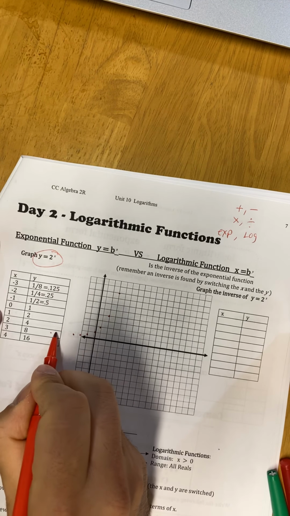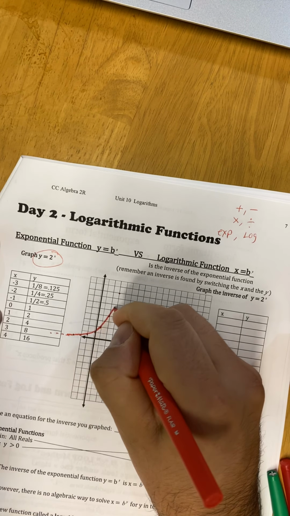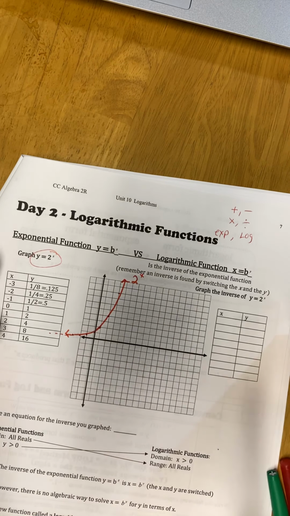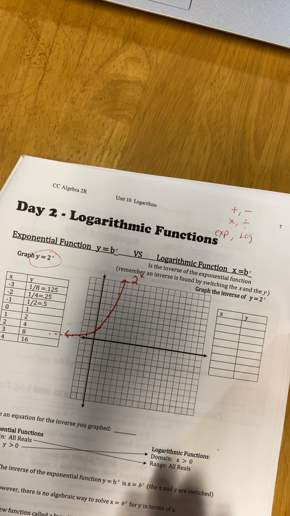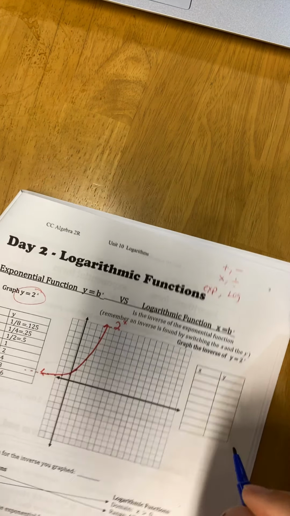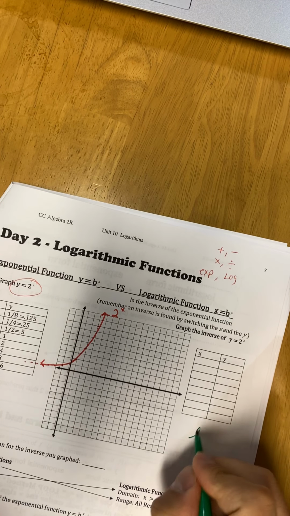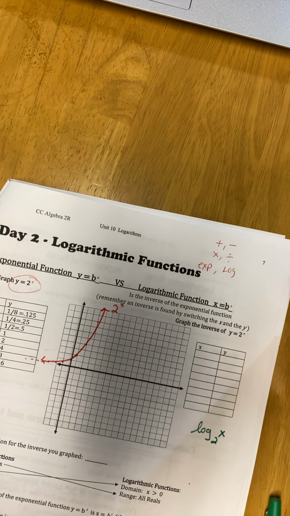So remember, there's an asymptote down here. So this is 2 to the x. The inverse of 2 to the x is log base 2 of x.